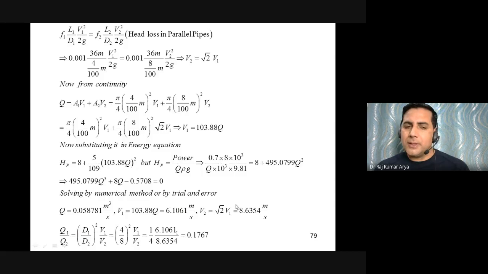Once you calculate V2, you can calculate the ratio of Q1 upon Q2 by A1 V1 upon A2 V2. So you can find the ratio in which the flow rate is divided. This way, this particular problem, which is of a parallel pipeline without considering any minor losses, is complete.